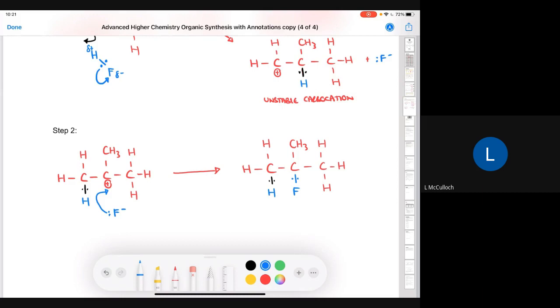Okay, so that is all we are going to look at today. So we've looked at Markovnikov's rule, which helps us predict what the major and minor product are going to be. We've looked at the inductive effect, which helps us explain why the major product is the major product and the minor product is the minor product.